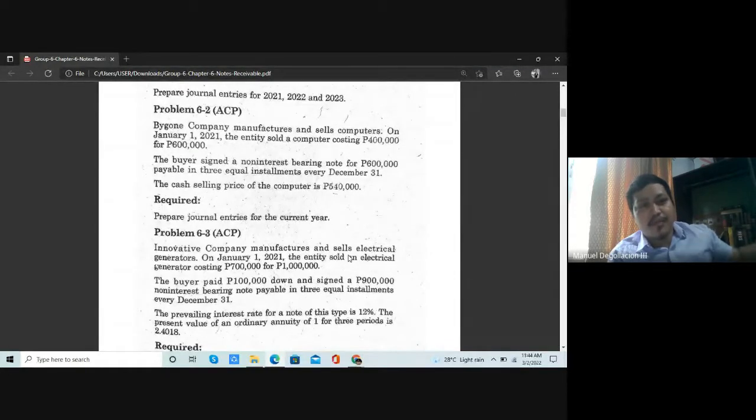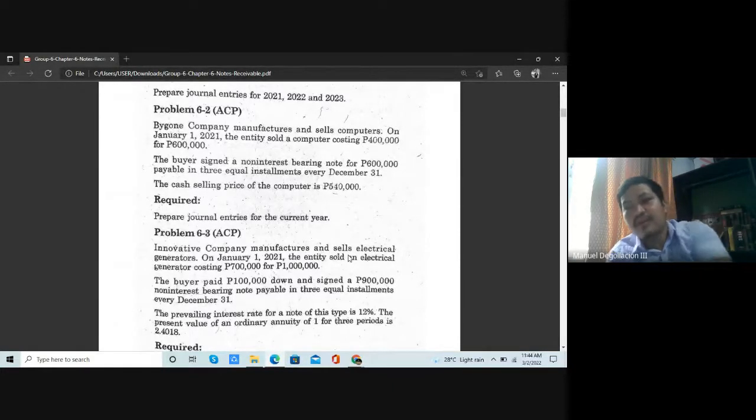Even though full payment will only happen after 3 years, by the lapse of 1 year, class, there will already be a portion that will be earned. So, one possible argument, if the total interest we will earn is 60,000, it's as if we are earning 20,000 every year.